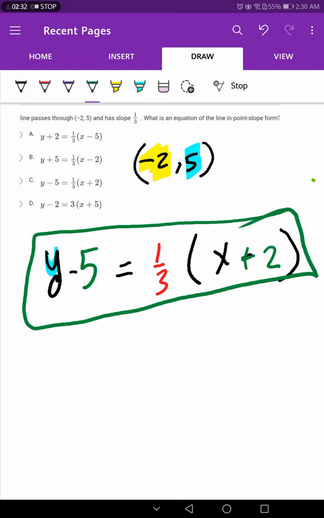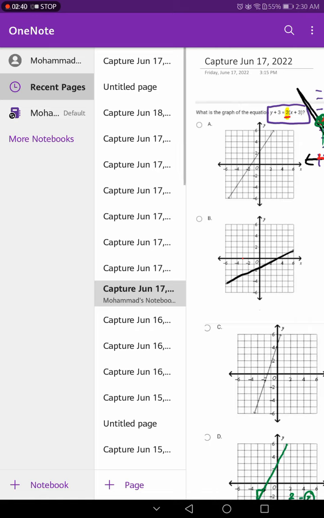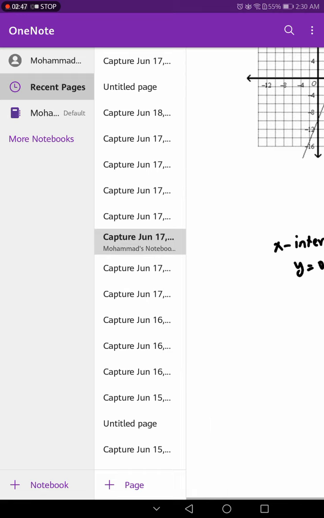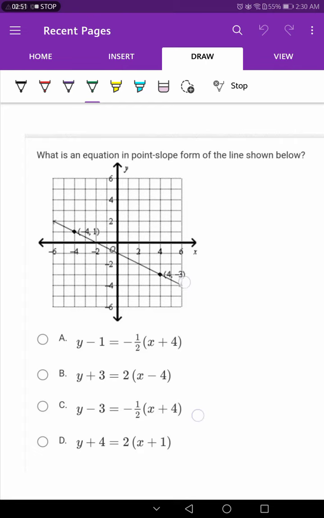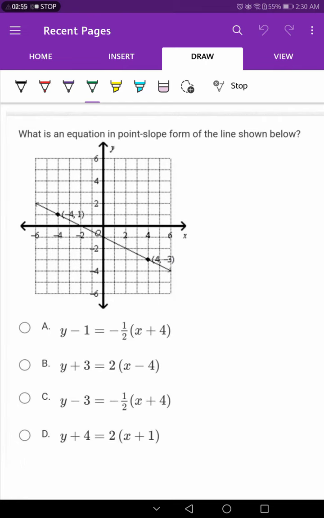Okay, my dear student. Now let us move here. Okay, it is a point slope question. In this question, my dear student, he gives you a graph and he asks you to write the equation in point slope.